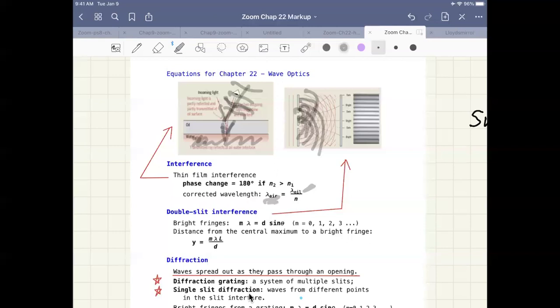You can have, they're in phase, so that gives you constructive interference. In other words, brighter intensity, or they may cancel each other, giving zero intensity. So if the light is collected on a screen over here, you'll see interference fringes.